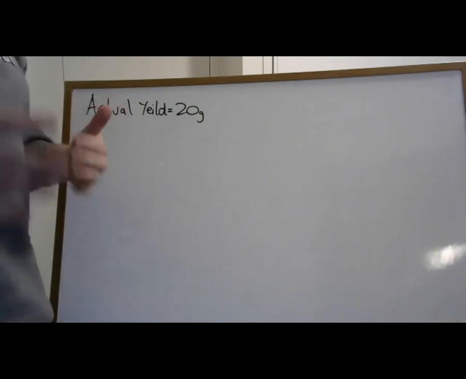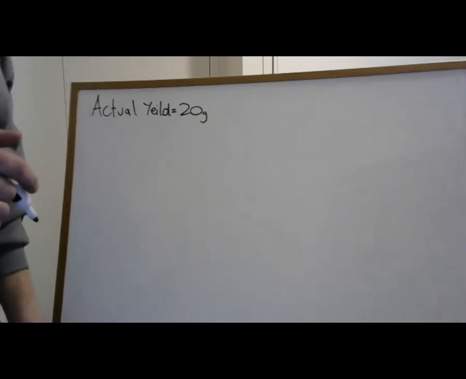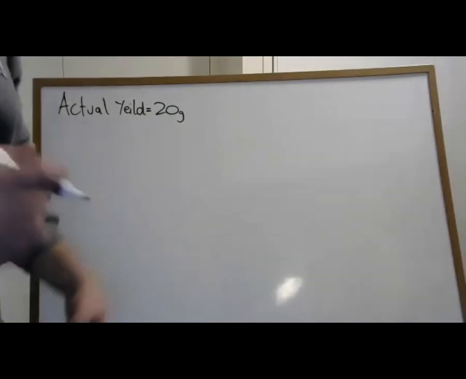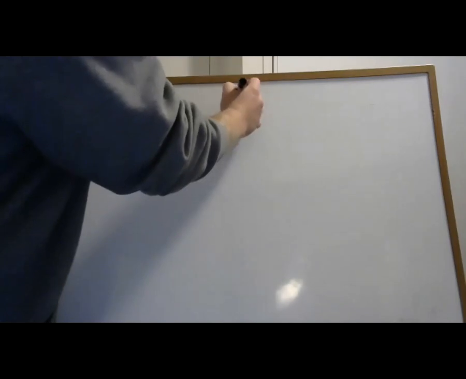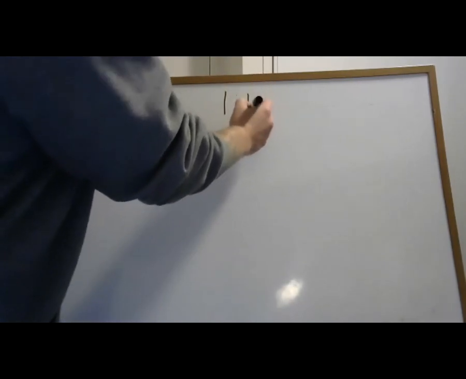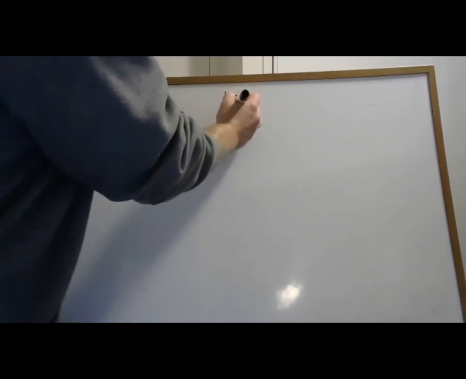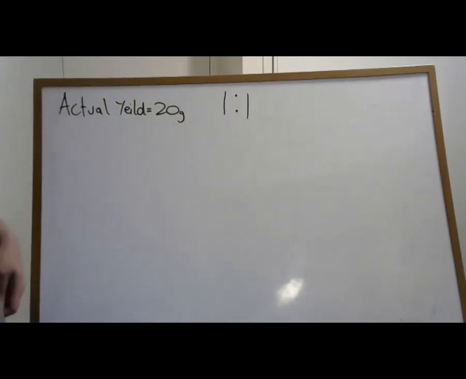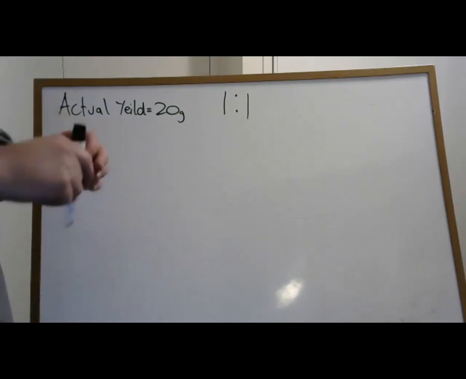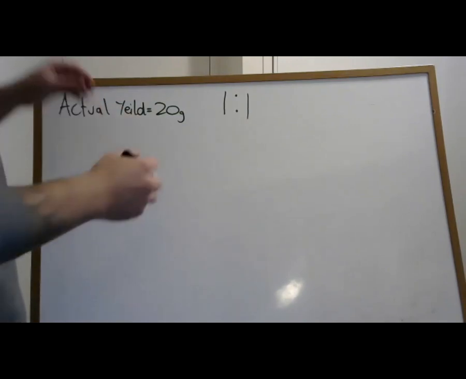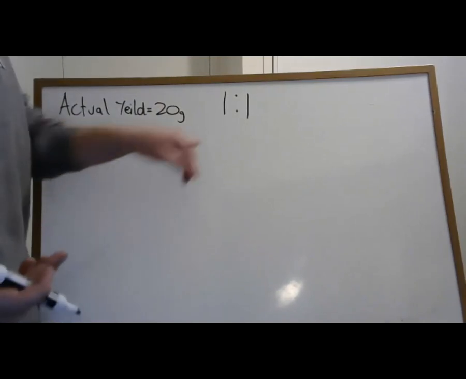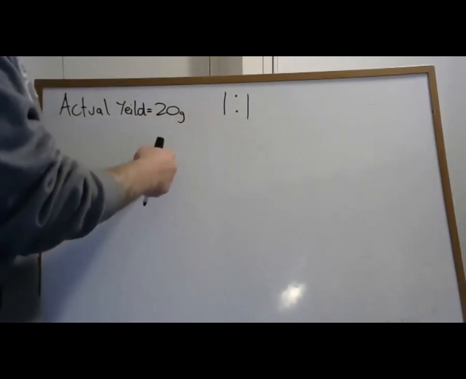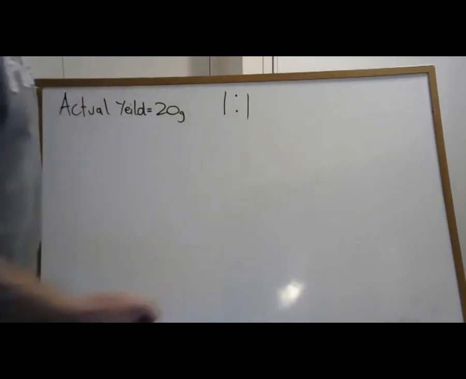Now I've got one that I'm going to go through on the whiteboard that is a bit more complicated but a bit simpler at the same time. So 1 mole to 1 mole. So 1 propanol will make 1 propanone. So it's a 1-to-1, 1 product to 1 reactant.